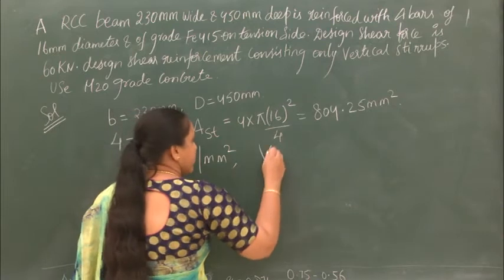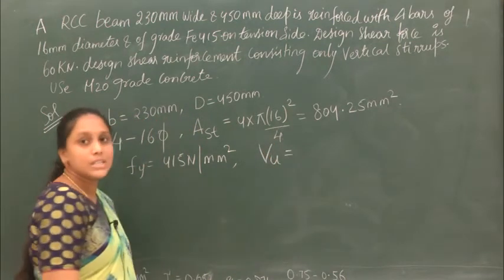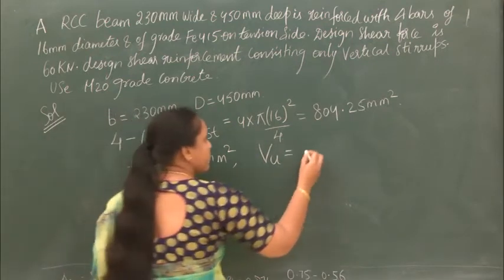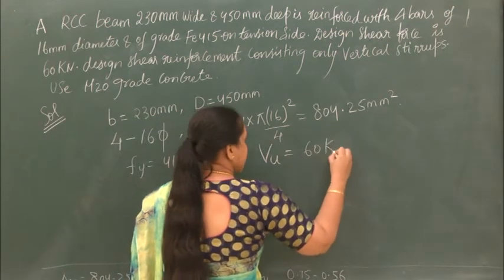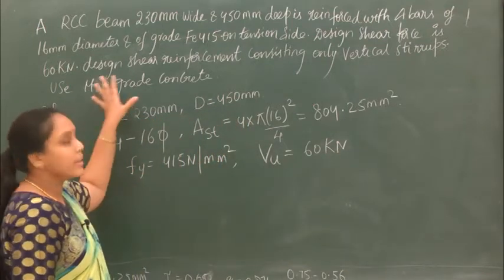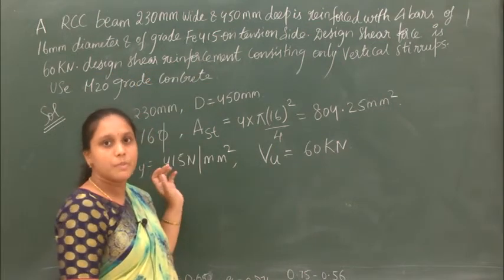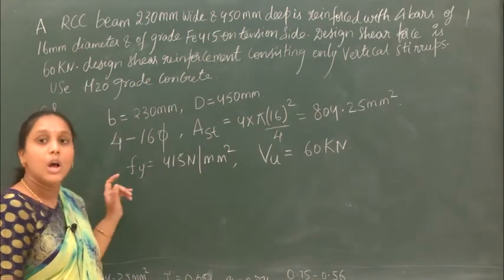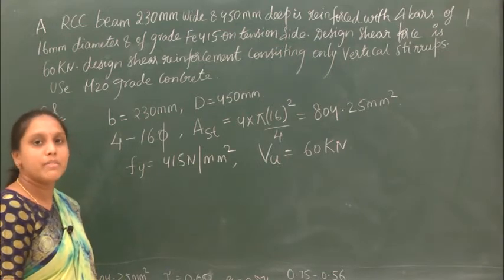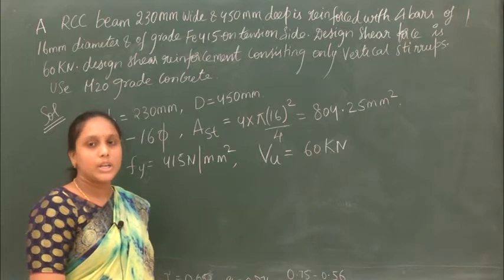Vu, the design shear force, is 60 kN. We are asked to design the shear reinforcement, which will consist only of vertical stirrups. In the previous class we already discussed that mostly we use vertical stirrups only.